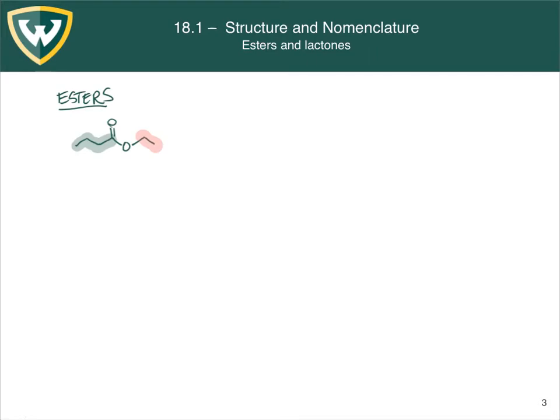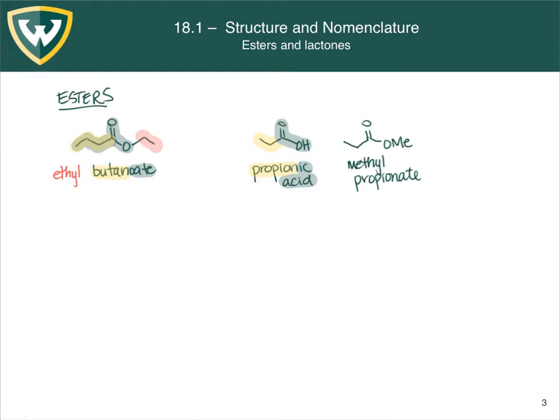So this ester is called ethyl butanoate. Here's another example. We have propionic acid. These three carbons make the propion, and then there's the -ic acid. And then if we make the methyl ester of that, we have methyl propionate.